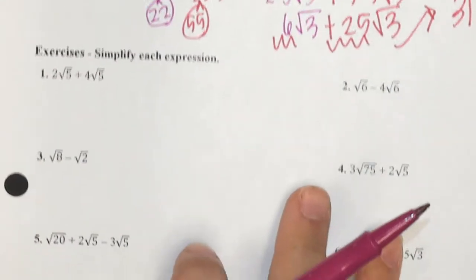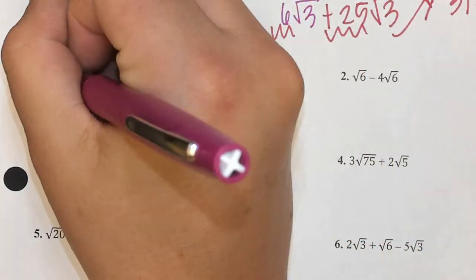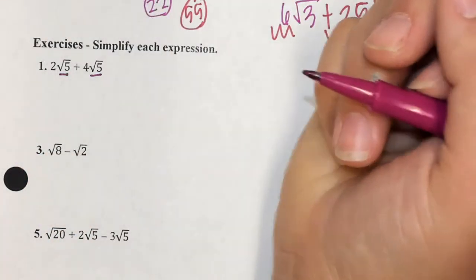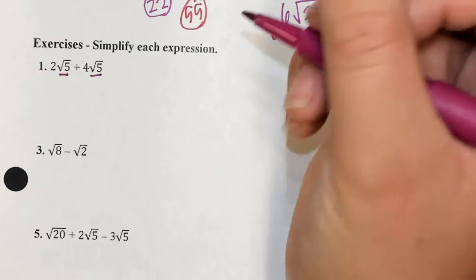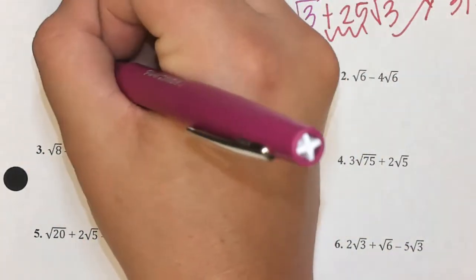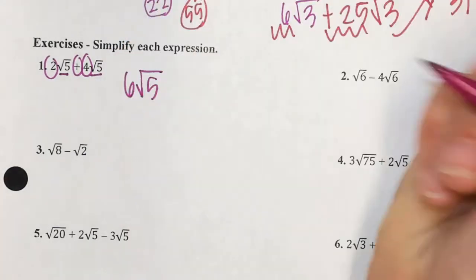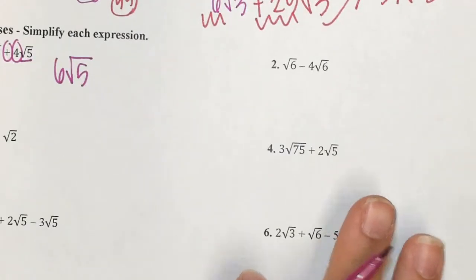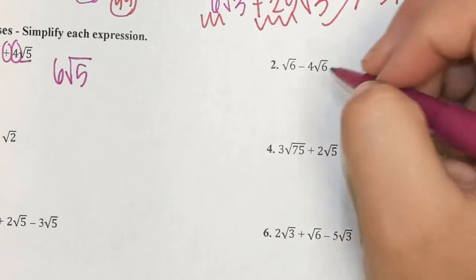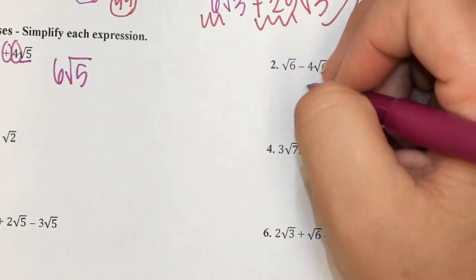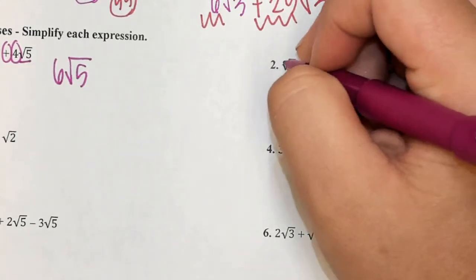All right. Number 1. Their radicals are the same. So leave your radical the same and combine them. So 2 plus 4 is 6 square root of 5. Okay? Now over here, if there's not a number in front of this square root of 6, it's just a 1.